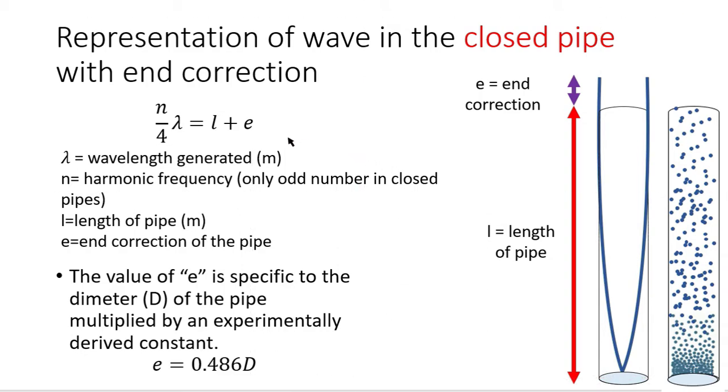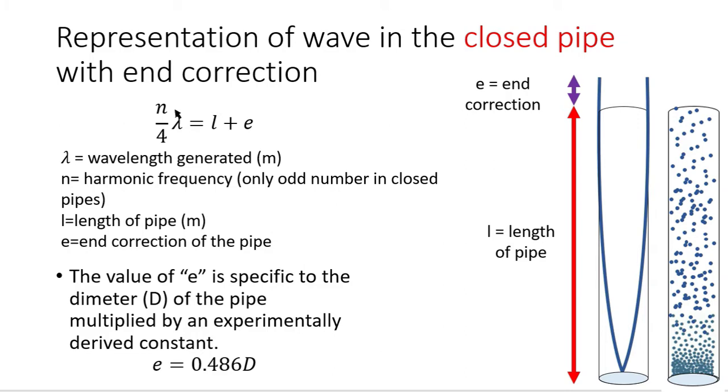Okay, so looking at this expression again, n is equal to the particular harmonic that is occurring in that closed pipe. Remember, these are odd numbers, so they go up in odd numbers. So we have the first harmonic, third harmonic, you can also have a fifth harmonic, a seventh harmonic, and a ninth harmonic.